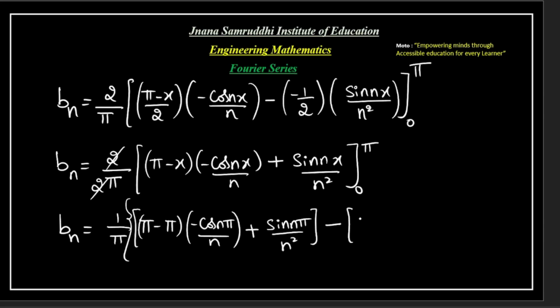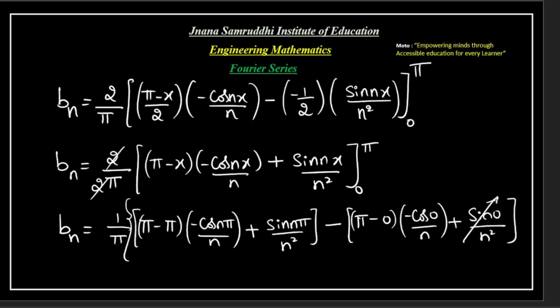Lower limit will be pi minus 0 minus cos 0 by n plus sin 0 by n square. So we know sin 0 is 0. Whole term will become 0.